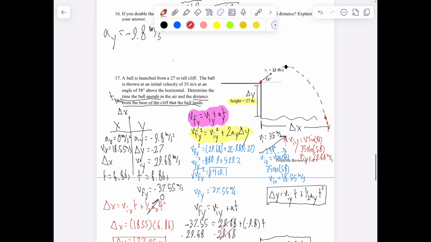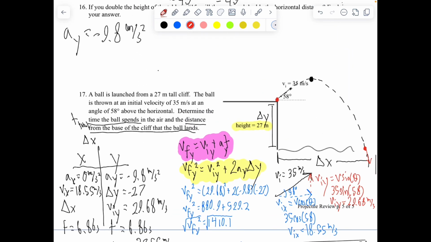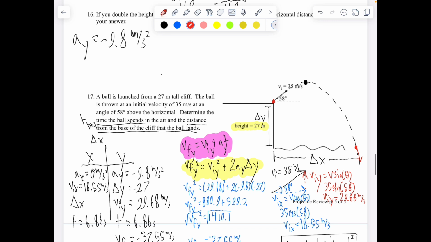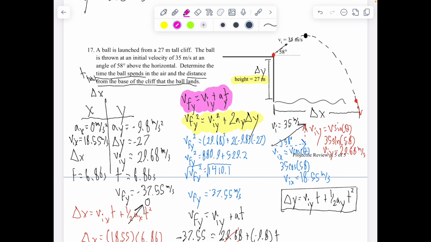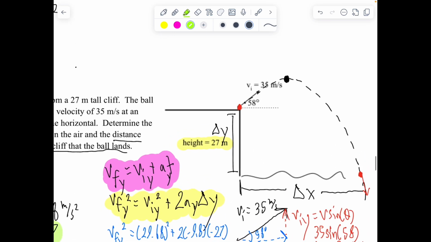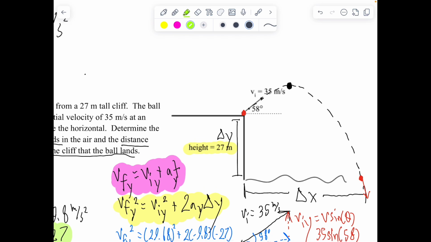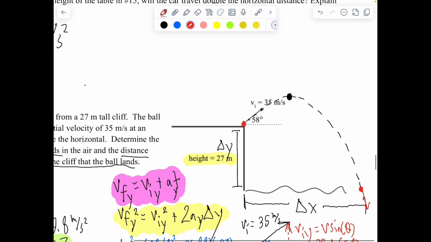Now, if we do a different method, and there's multiple ways you could solve this, you didn't have to identify right here that you're falling down 27 meters. What you could do is treat it just like our typical angled launch problems, and you could say, oh, we know right at the top, this velocity in the y direction is 0 meters per second.